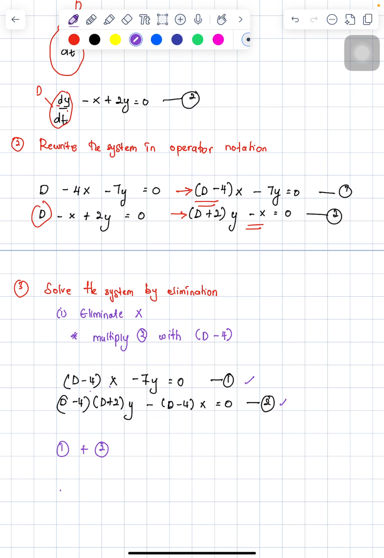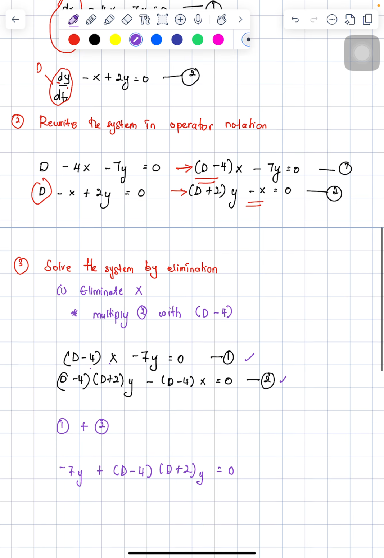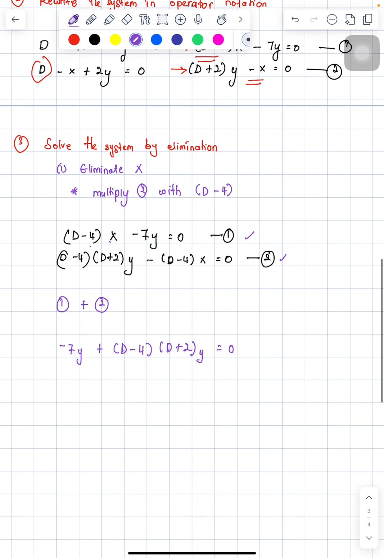So we have negative 7y plus (D minus 4)(D plus 2)y equals 0.